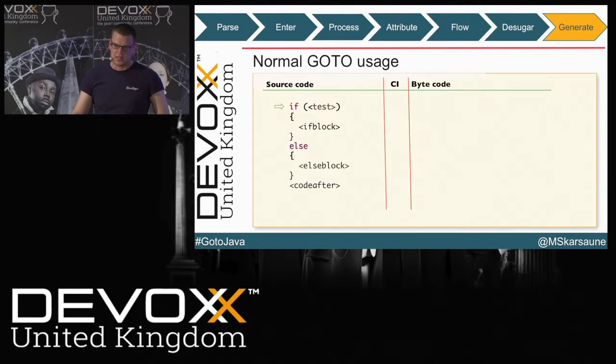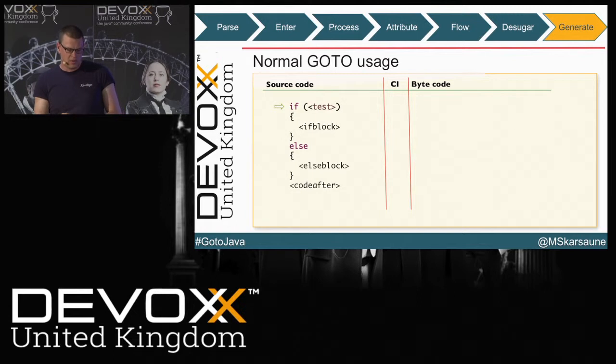But the problem here is that we now attempt to use something for which it was not designed to do. That is both on the bytecode level and even more on the actual implementation of the compiler. So since now we're bending things quite a bit and hacking it up a bit to make it do what we want, this is the normal use of a goto.